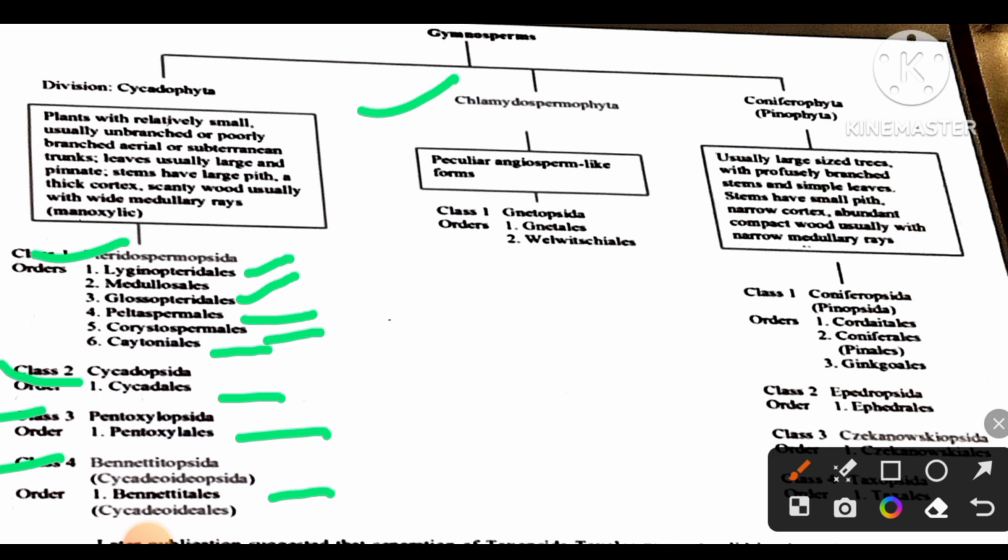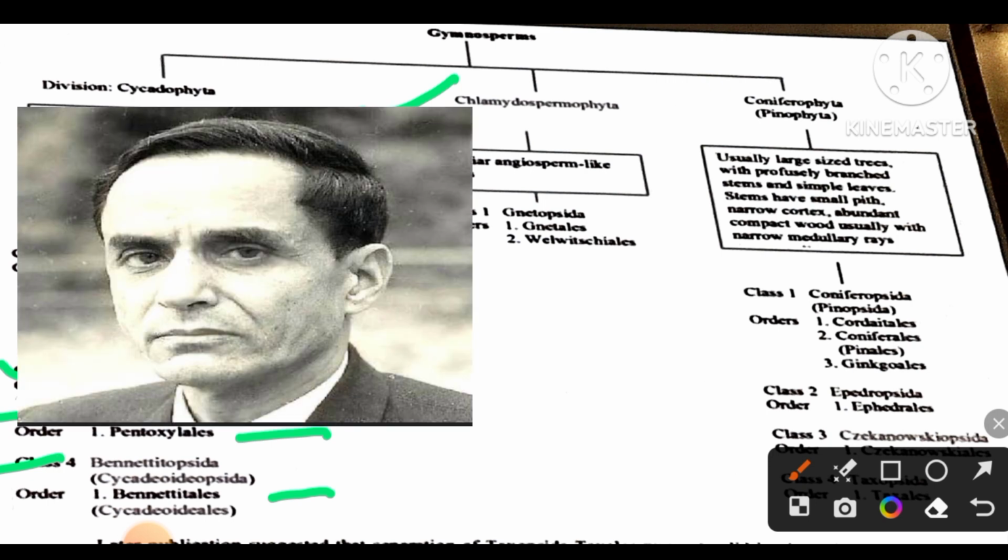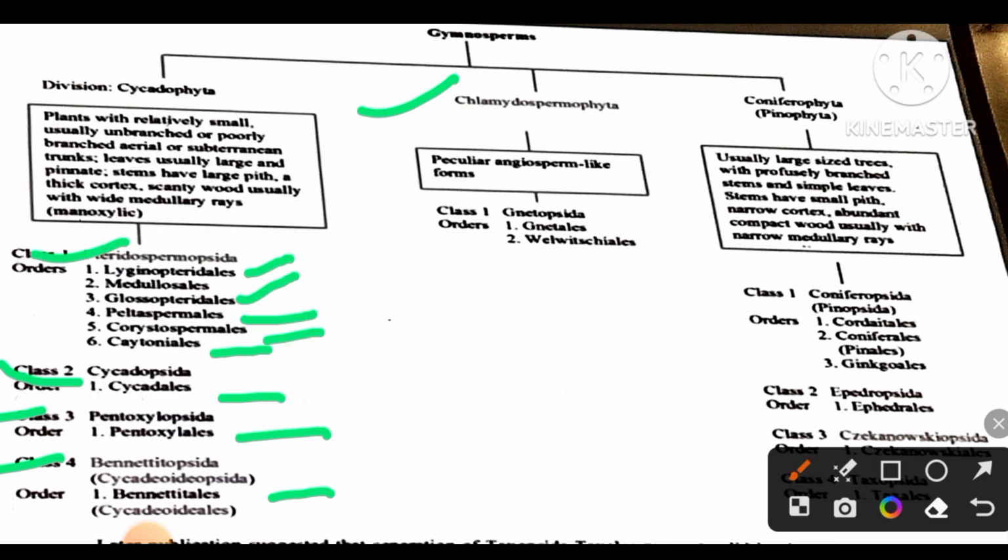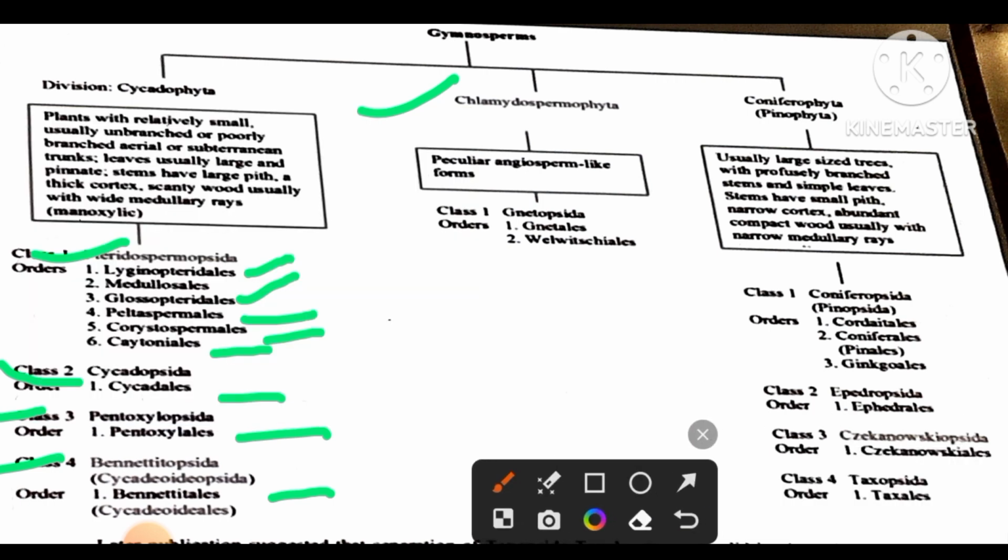Then come to the Coniferophyta. In Coniferophyta, we put the gymnosperms having pycnoxylic wood, large sized trees with profusely branched stems and simple leaves. He divided the Coniferophyta further into four classes, that is the Coniferopsida, Ephedropsida, Zygoischiopsida, then Taxopsida.